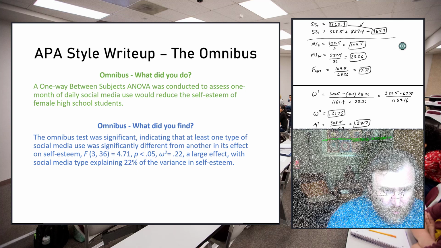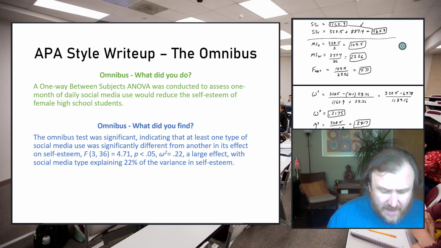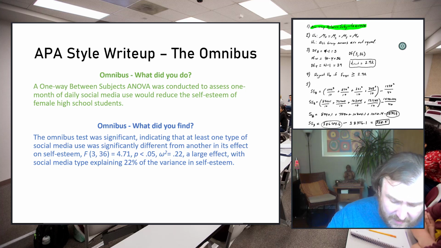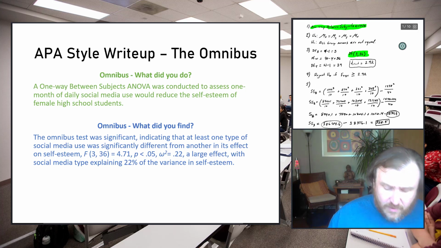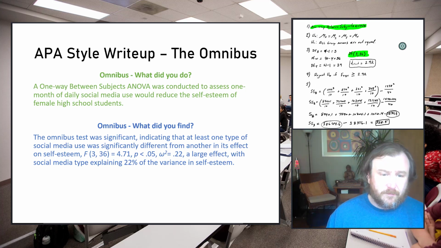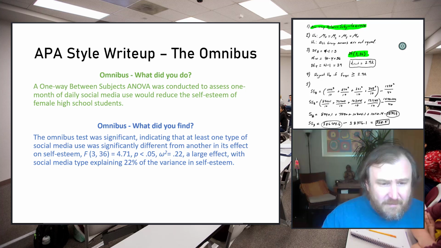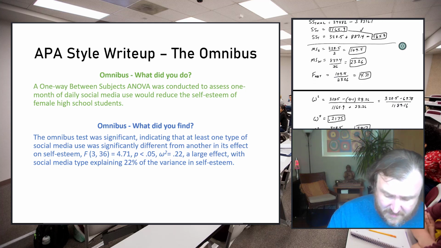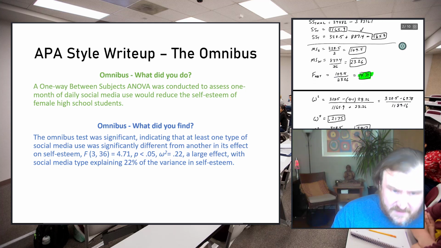But we report the degrees of freedom between, degrees of freedom within. So we can go back up and we can see we created our degrees of freedom between and within. So we report F 336 is equal to our F obtained value, which was 4.71.